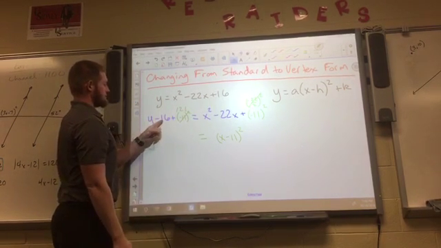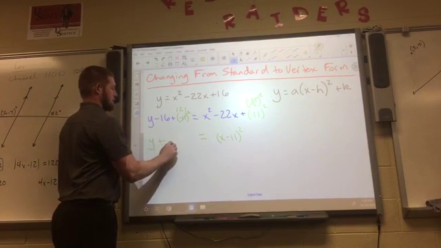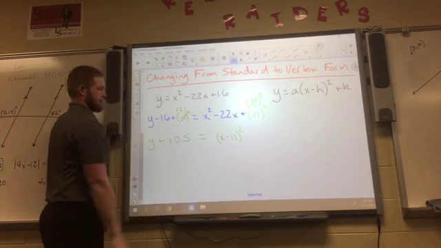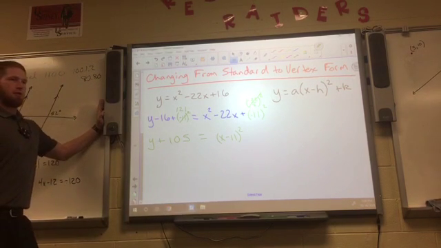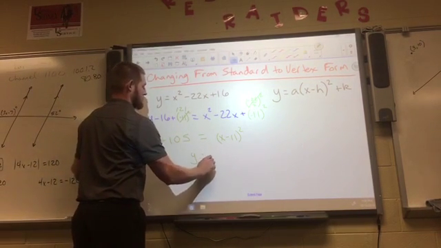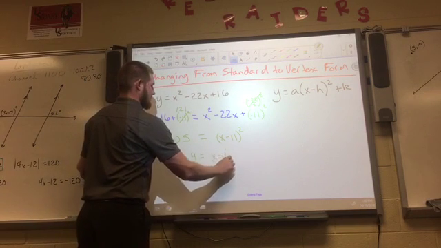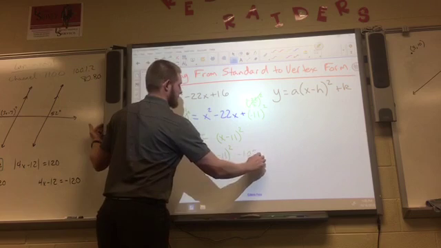So what is negative 16 plus 121? Positive 105. Okay. Now what do you suppose I need to do to get it all the way in vertex form? Get y by itself. So y equals x minus 11 squared minus 105.